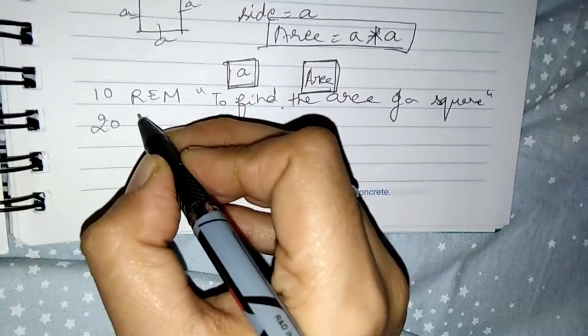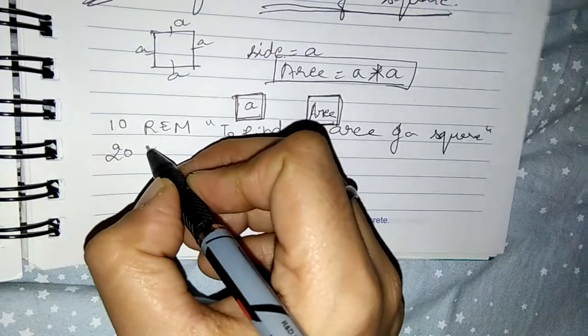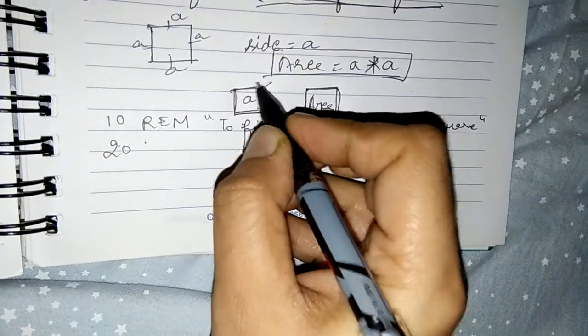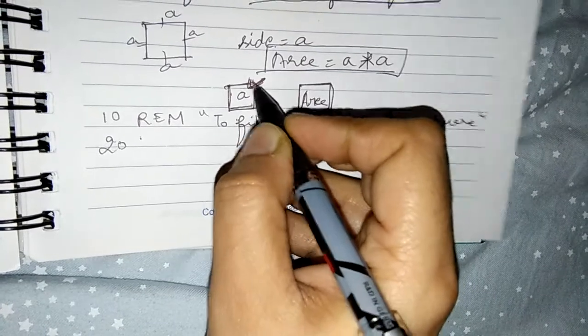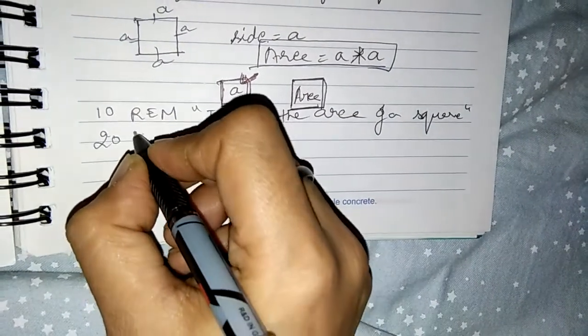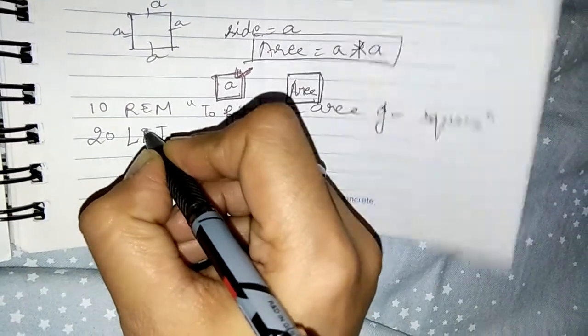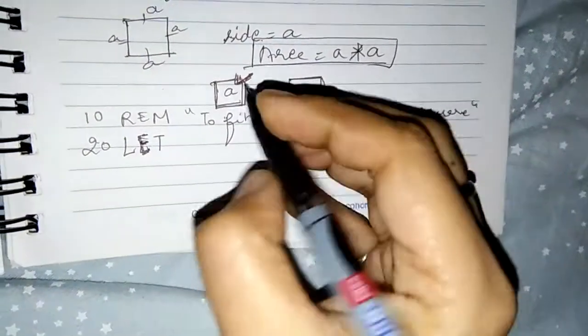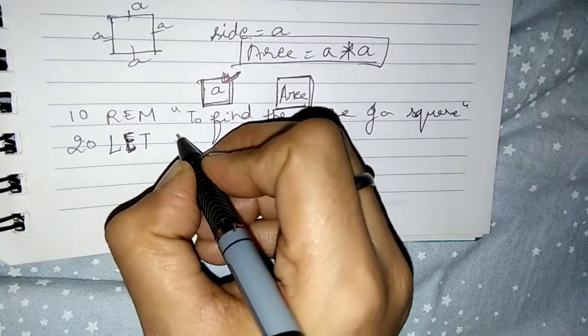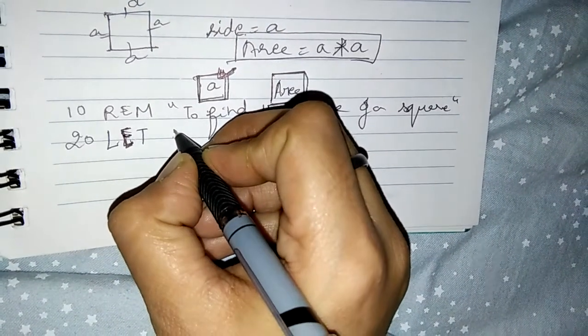Now the second would be, I have to take an input. Instead of taking input this time, I am now initializing a value. I will not ask the user, I am just initializing. For initialization we use the let statement in BASIC.